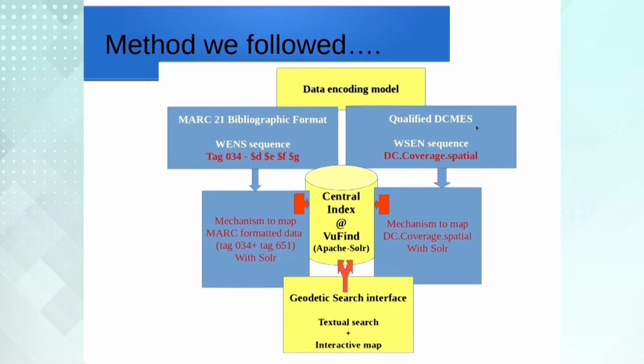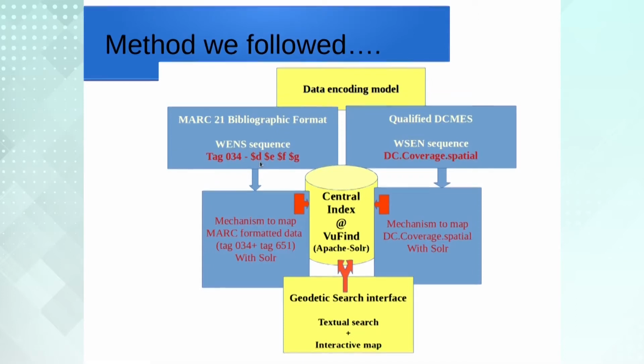The first one is the data encoding model. We took, as I said, both MARC 21 and qualified Dublin Core. In MARC 21, there is a tag called tag 034, which has 4 subfields. In these 4 subfields, we can enter different space related information, mainly longitude and latitude. The subfields give values in the sequence western, eastern, northern and southern.